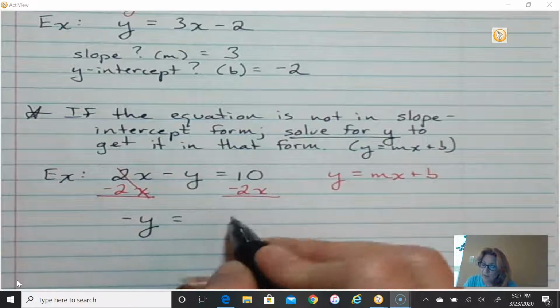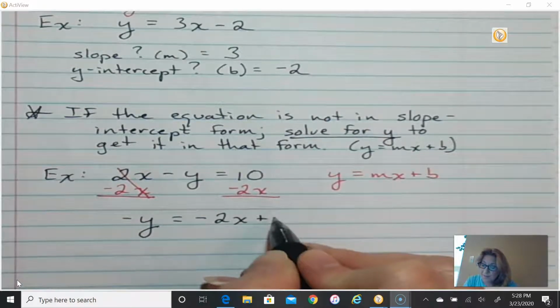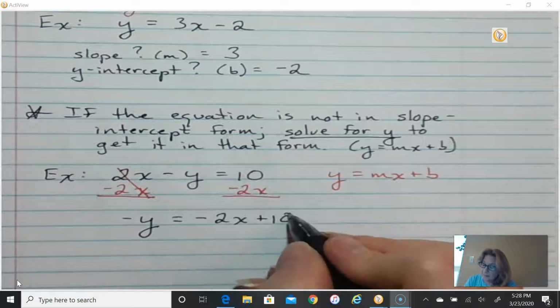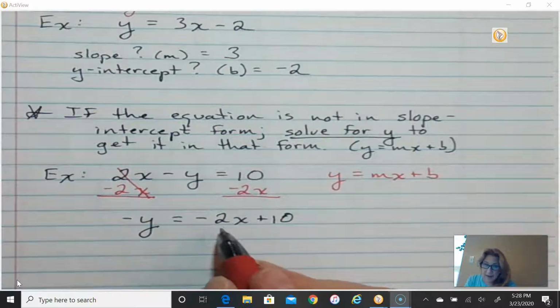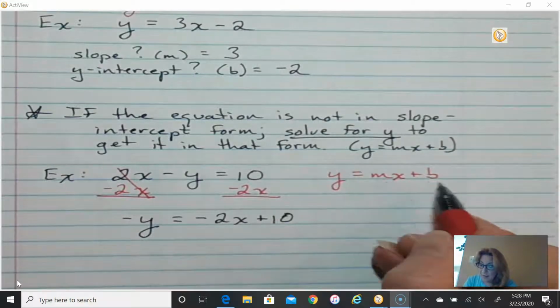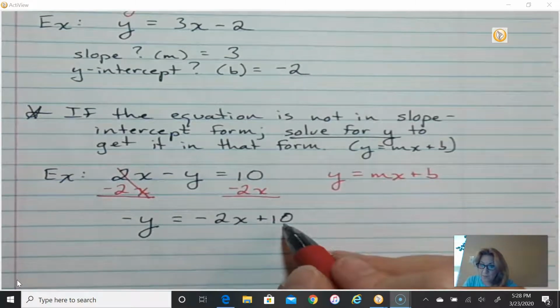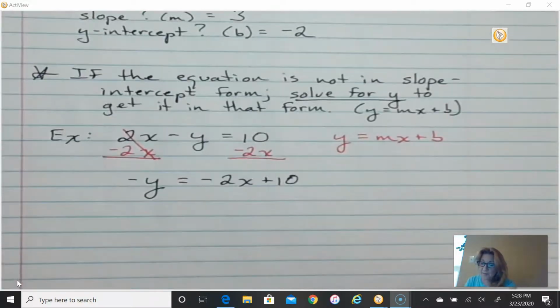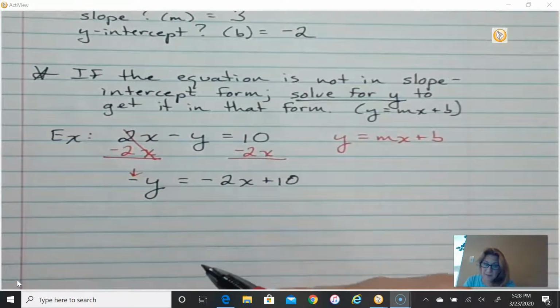Negative y equals negative 2x plus 10. Guys, the negative 2x has to come first before that 10. See, the x comes before that. So this has to come before this. Okay? Now, notice that negative sign.